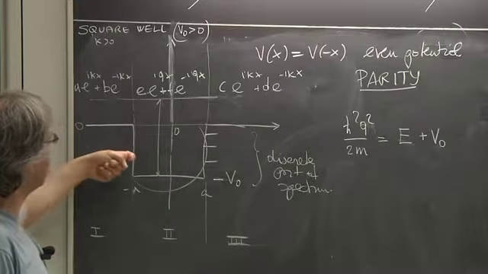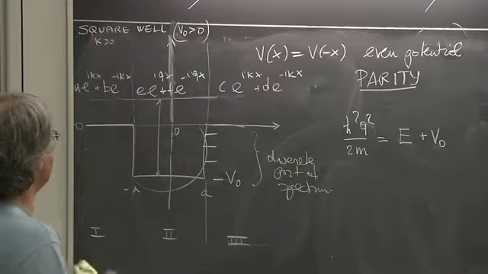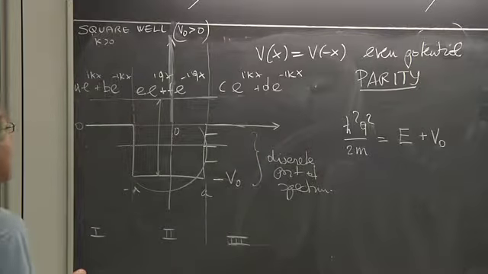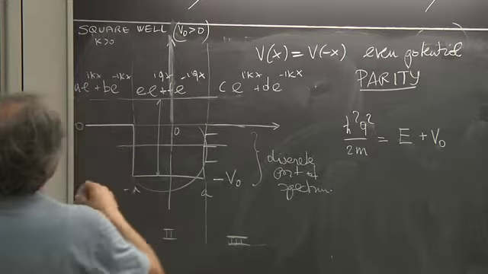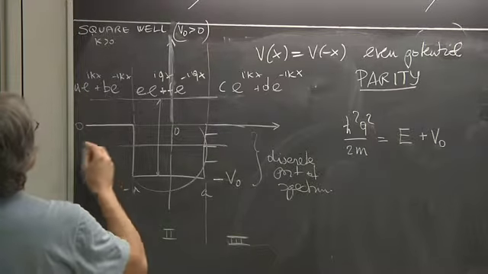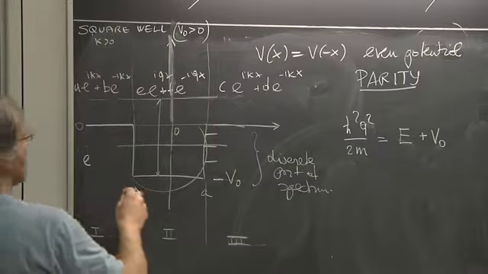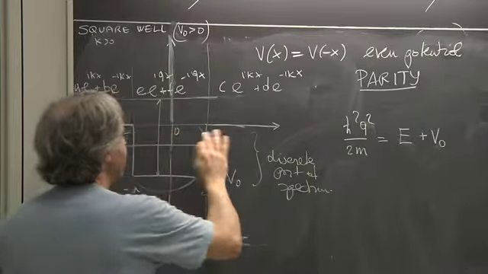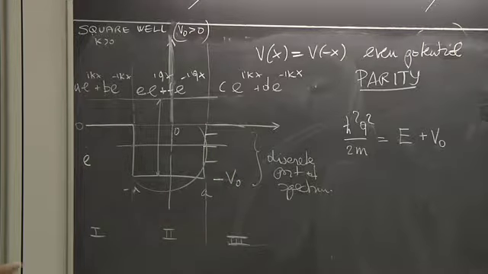especially when you work with the bound states, because if you now want, for instance, E negative, you have here a solution that is e to the... okay, forget, let's not mix too many things.